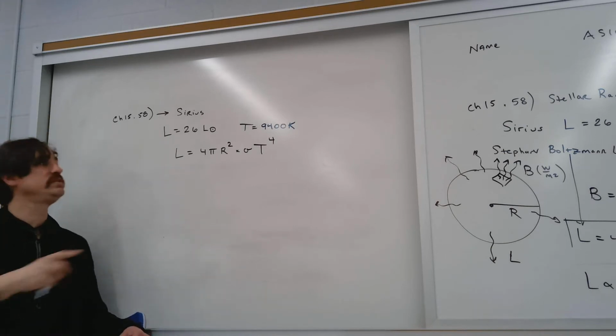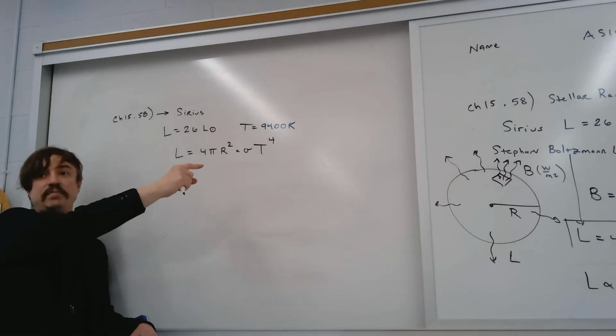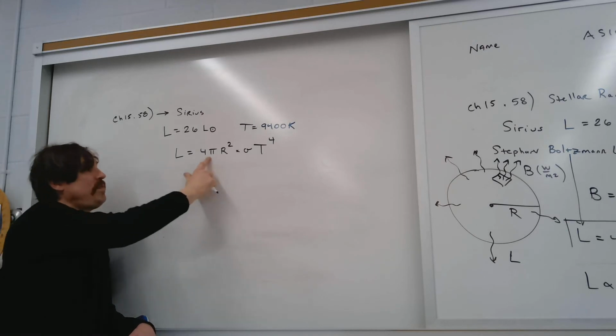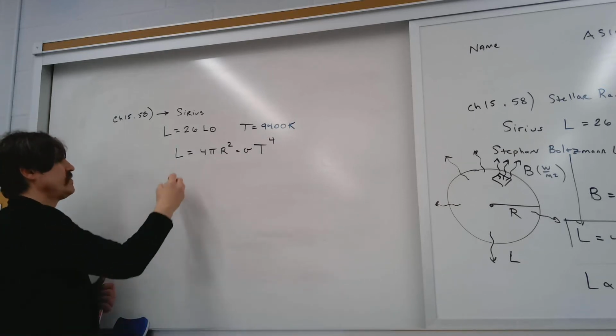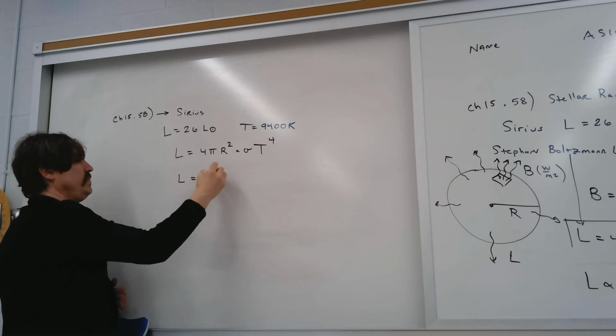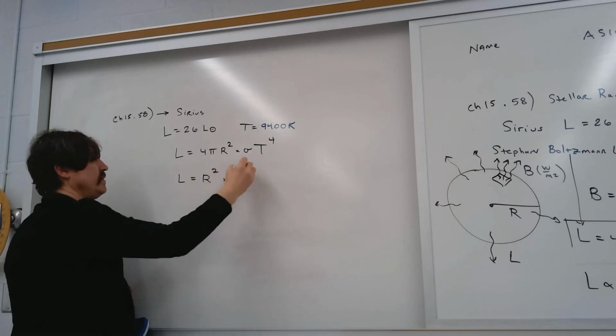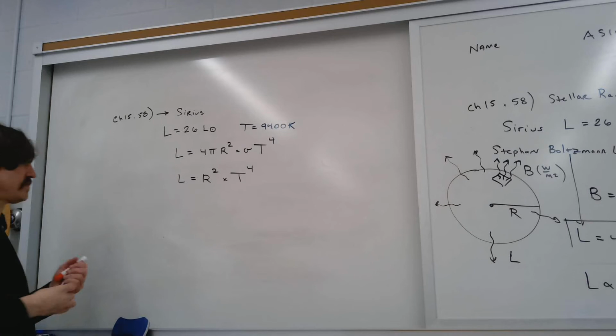If you imagine dividing this formula for Sirius by the same formula for the sun, the 4 pi's and the Stefan-Boltzmann constant would cancel out. And then what you would get is the luminosity of the star would be the radius squared times the temperature to the fourth power, a simpler version, if you use these units.